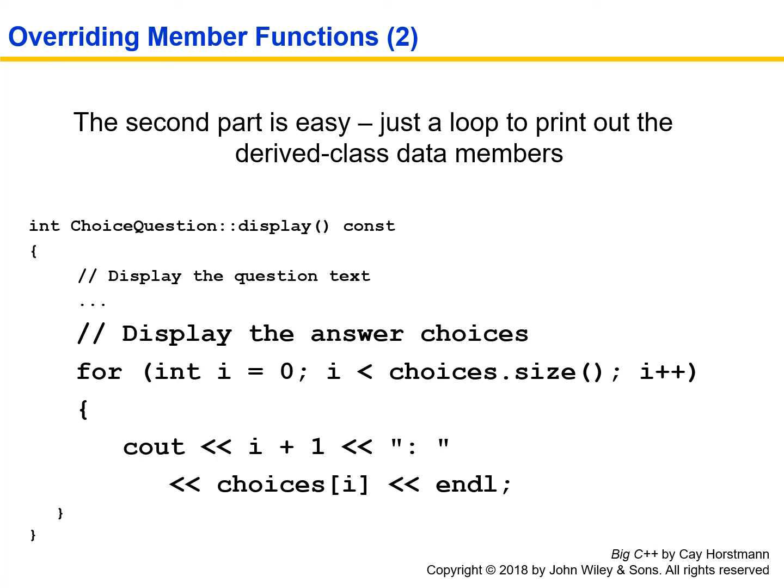Note that we couldn't use the shortcut for loop that just says, for choice, colon, choices or something like that, because we need to know which number we're on. So we have to use the full old-fashioned for loop to do this.